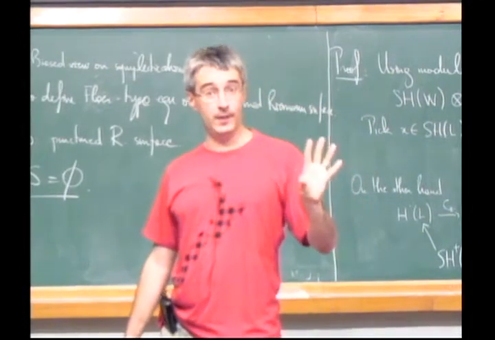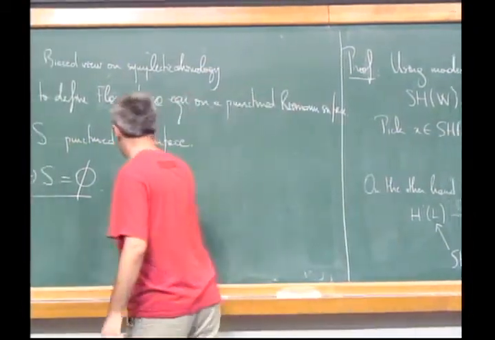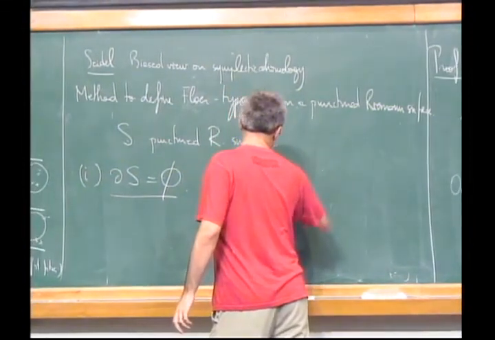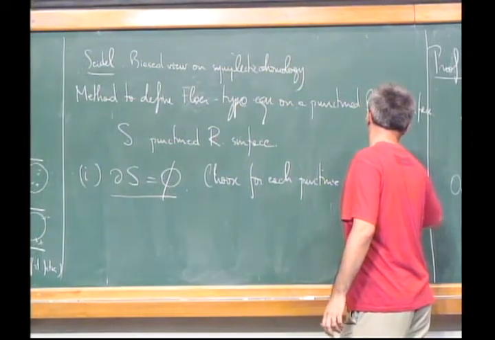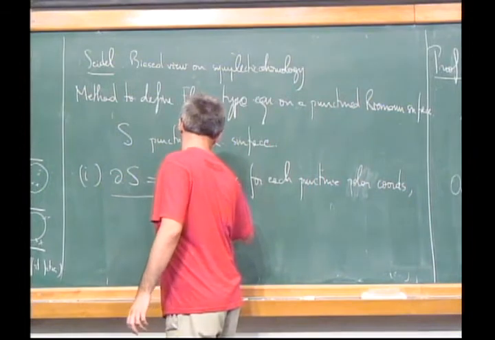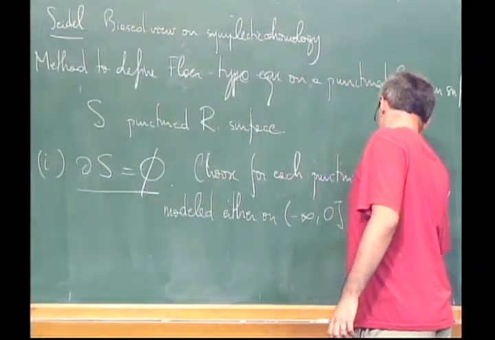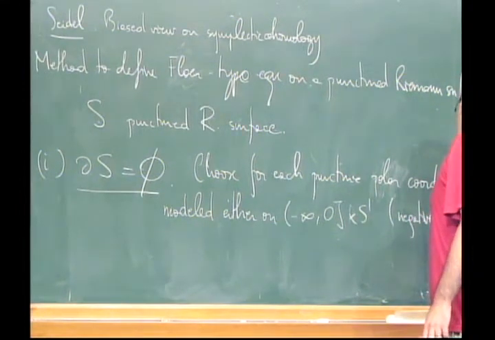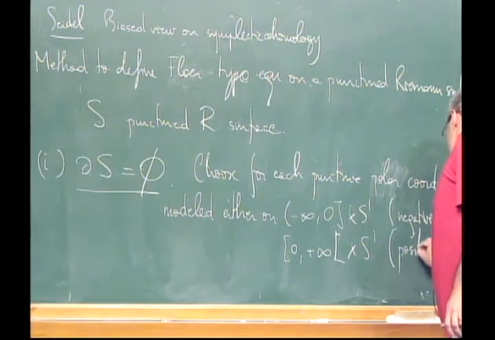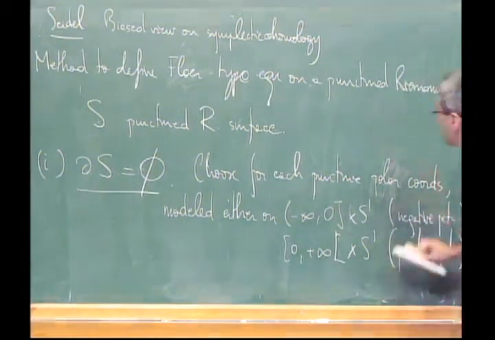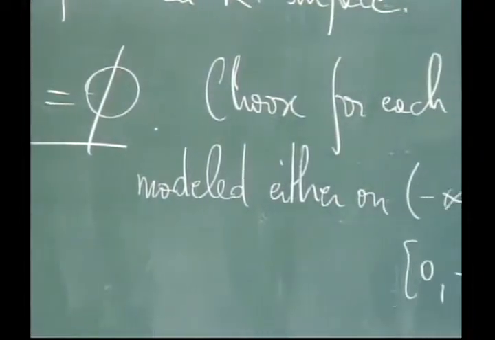You have to choose conformal polar coordinates there, modeled either on minus infinity cross S1, which you call a negative puncture, or on 0 infinity cross S1, which is a positive puncture.